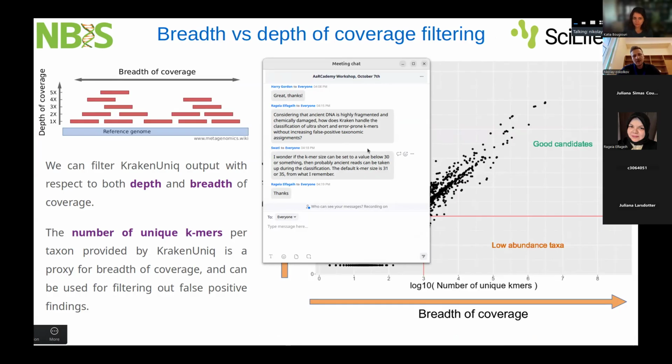No, basically, I wouldn't recommend decreasing this default. I think by default Kraken indeed uses 31 or 35, and I would not recommend decreasing this threshold for ancient DNA analysis, simply because you lose more than you gain.